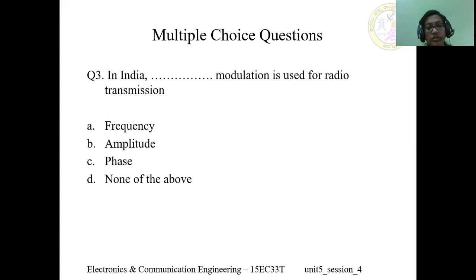In India, dash modulation is used for radio transmission. Options are A, frequency, B, amplitude, C, phase modulation, D, none of the above. Option B, amplitude modulation.